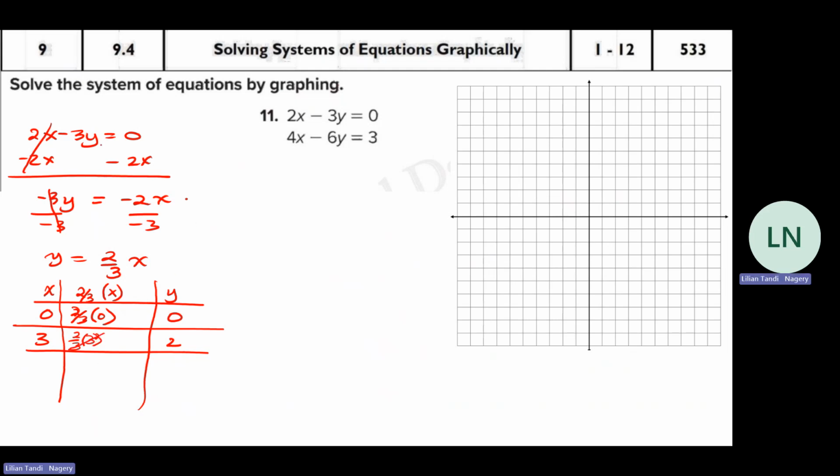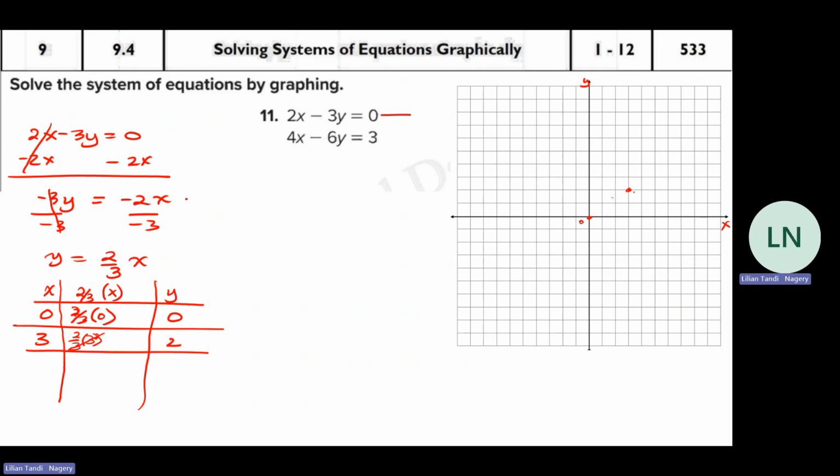Okay, so we're going to use red for this one. So this is y, this is x. So 0, 0, and 3, 2. Oh, 3, 2 is over there.